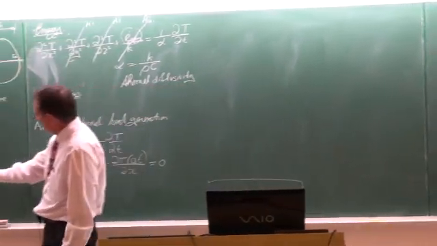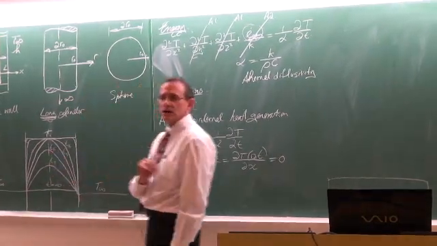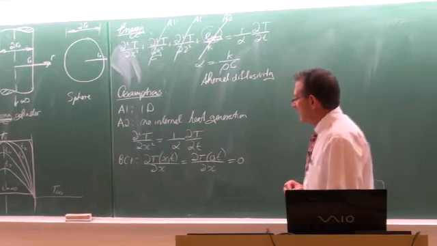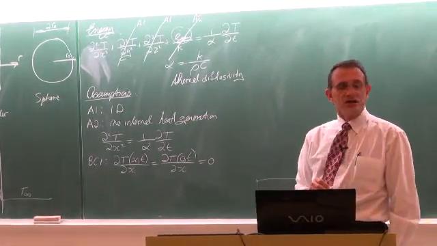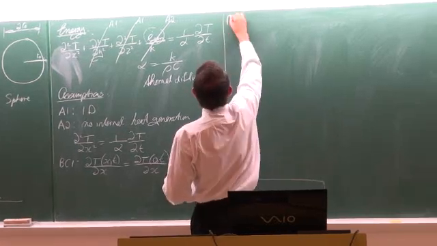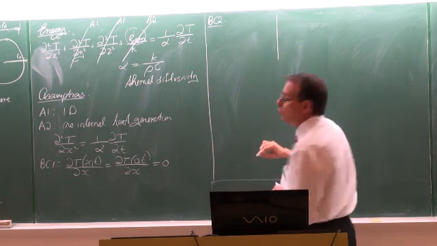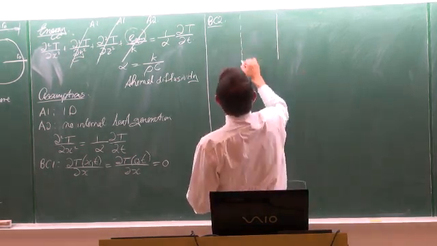The temperature gradient where x is equal to 0 is equal to 0. Okay, that is the first one. The second boundary condition says that at the wall, on the outside.